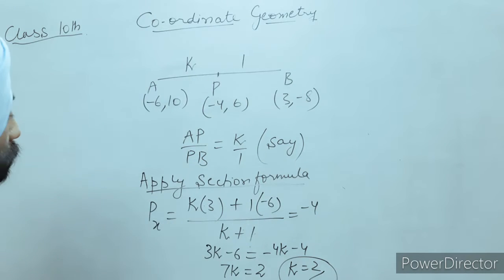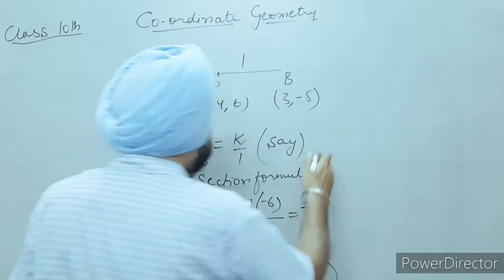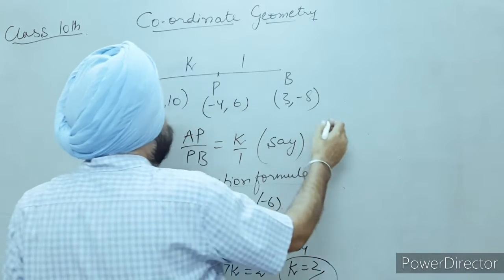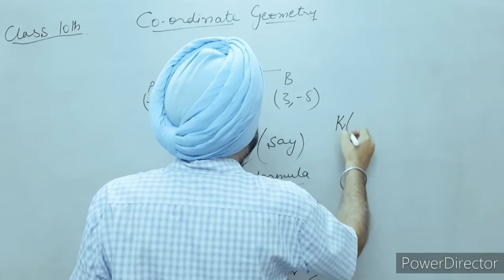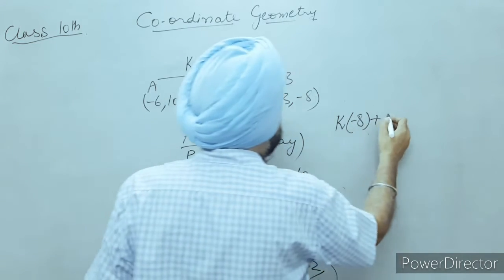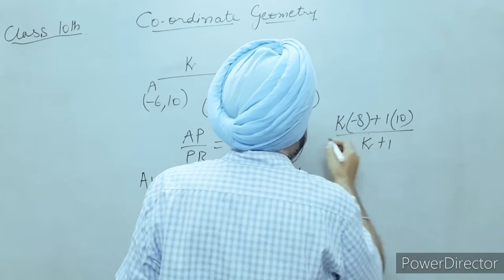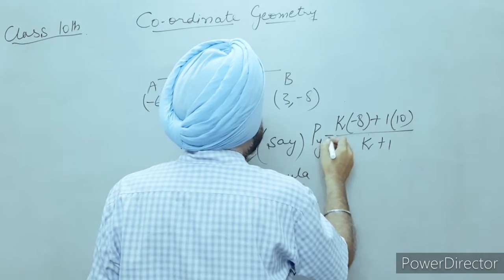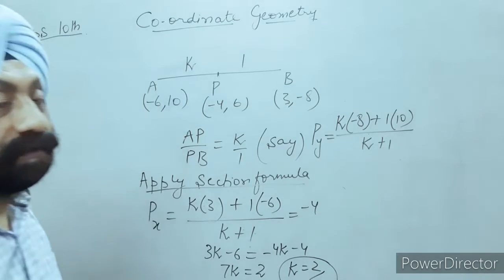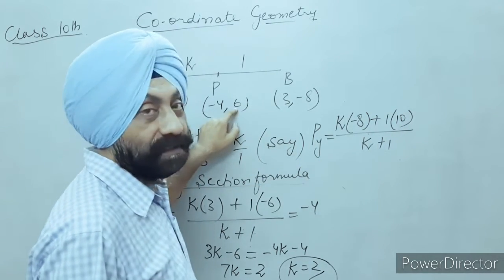Even if I calculate this with P of y, the ordinate of point P, I should get the same answer. That is (k into -8 plus 1 into 10) divided by (k plus 1). This is P of y, the ordinate of point P, which is given to us as 6.